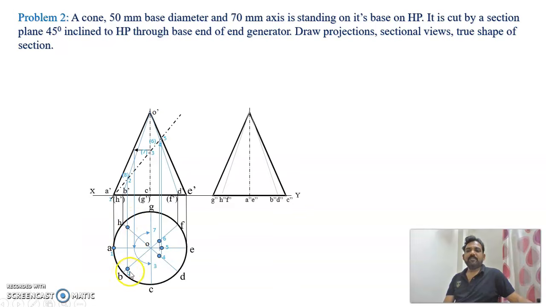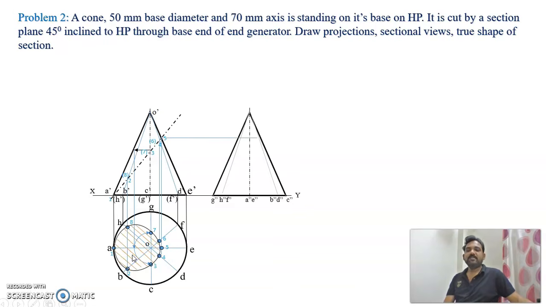So this gives us the points or locus which will generate the curve. So join this. So this is the curve that has been generated, and now hatch it.